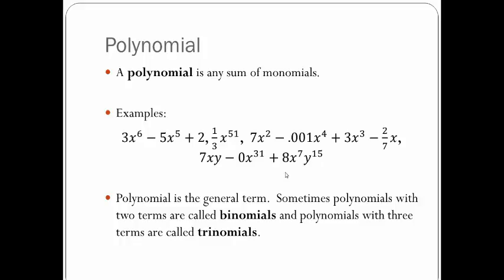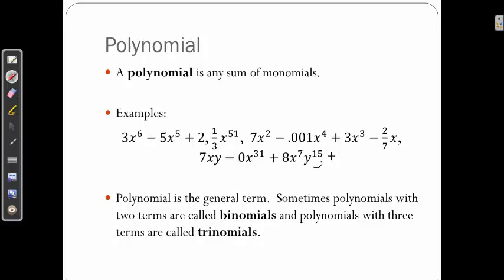It has one term, just using the prefix there. Mono means 1. Bi means 2, so a polynomial with 2 terms is sometimes called a binomial. I don't actually have one there, but it wouldn't be difficult to create one. Here would be a binomial. Don't really need that parenthesis.